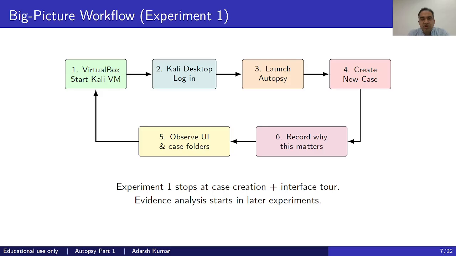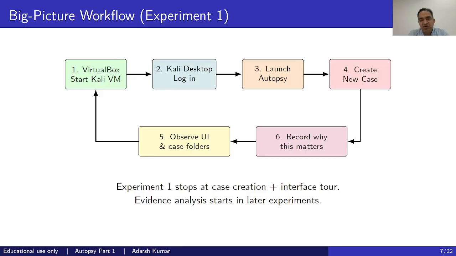This diagram shows the complete journey of experiment 1 in one view. We begin by starting Kali inside VirtualBox. Then we log into the Kali desktop. Next we launch Autopsy. And after that we will create a new forensic case. Once that case exists, we spend time observing the user interface and the case folders on the disk.